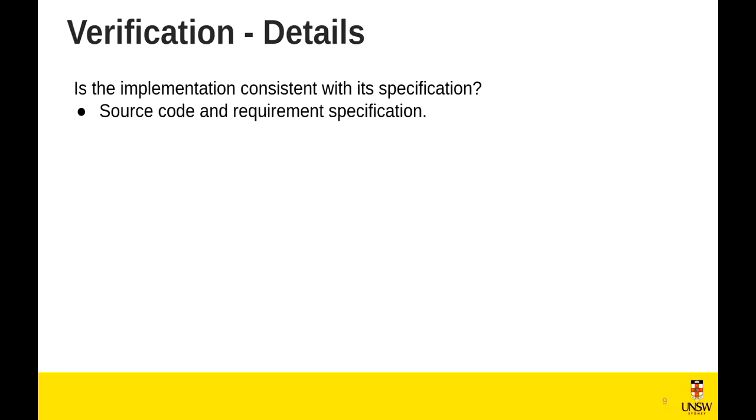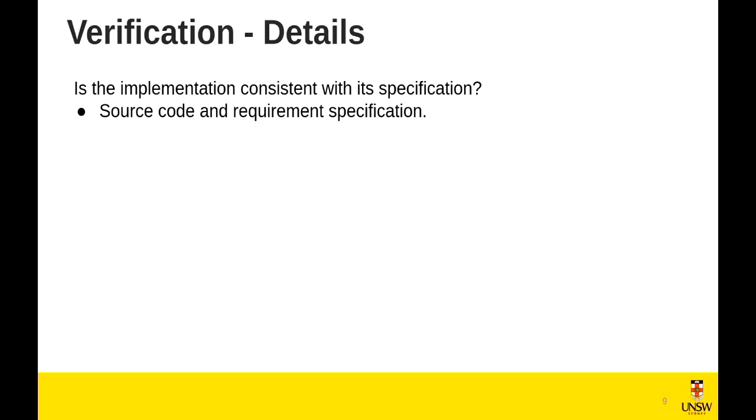And here are more details about verification. Verification mainly concerns: is the implementation consistent with its specification? In the previous case, the software was doing what it was told to do, so it is verified, and it has no problem with verification.